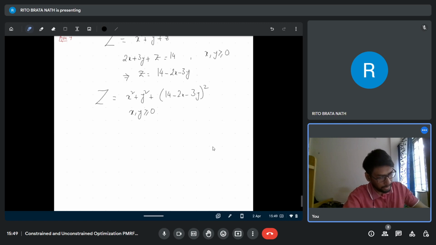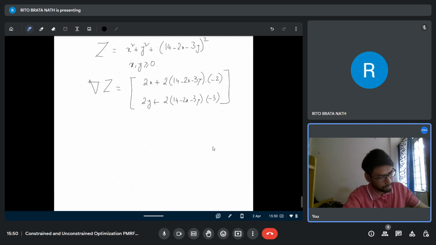Okay, so let's take the grad of this capital Z. So first with respect to x, so that's 2x plus 2 times (14 minus 2x minus 3y) times minus 2. This is with respect to y, 3. Okay, so this becomes 2x, that's 20, minus 4 times y minus 6 times.